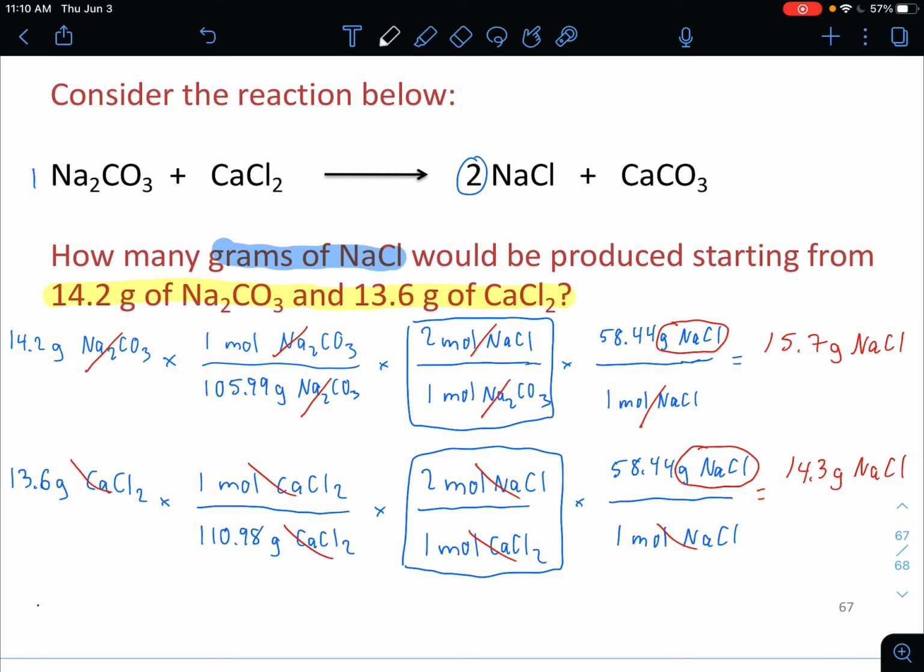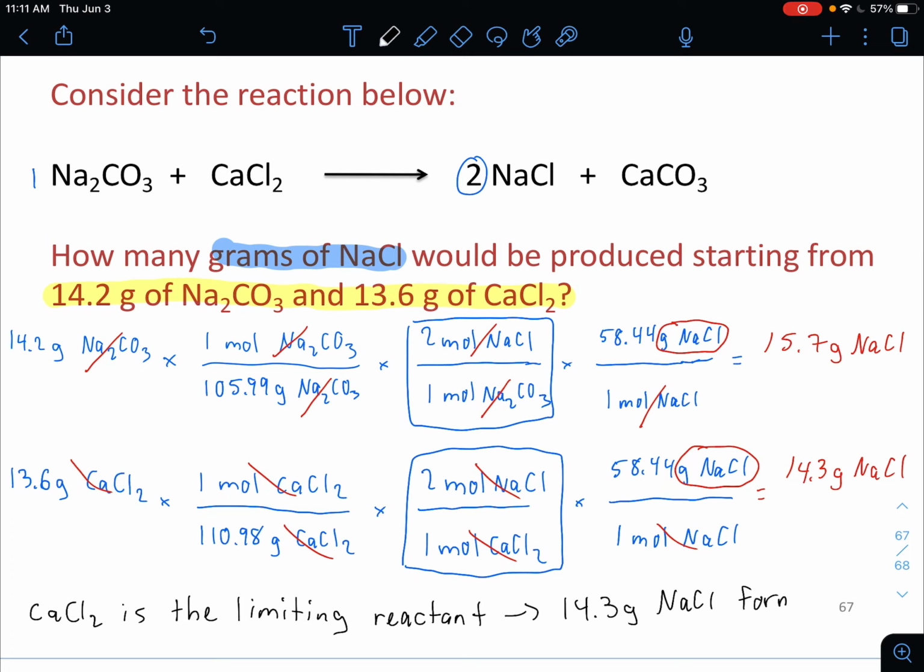I would say calcium chloride is the limiting reactant. And when it runs out, 14.3 grams of sodium chloride is formed. So this is my answer to the question, 14.3 grams of sodium chloride.